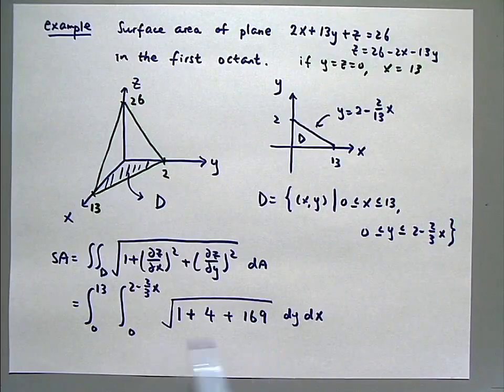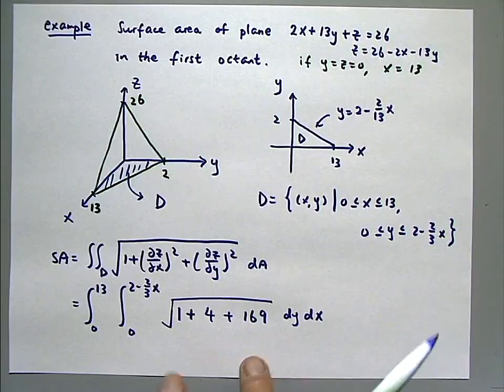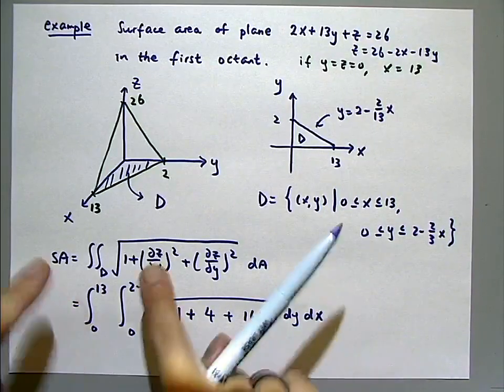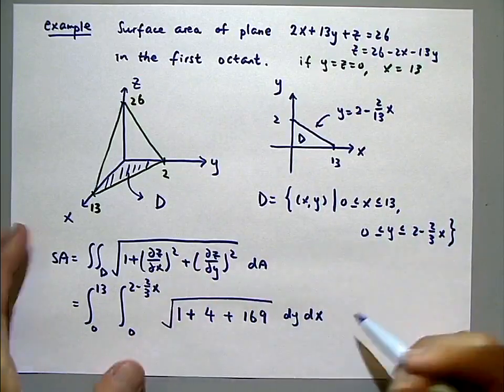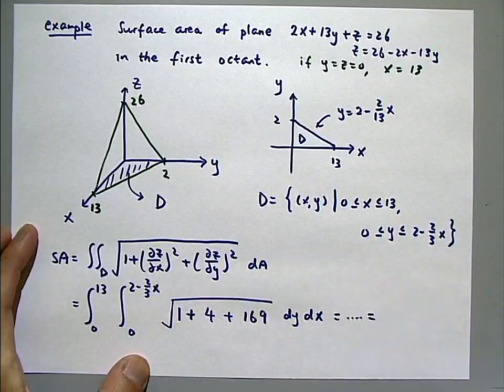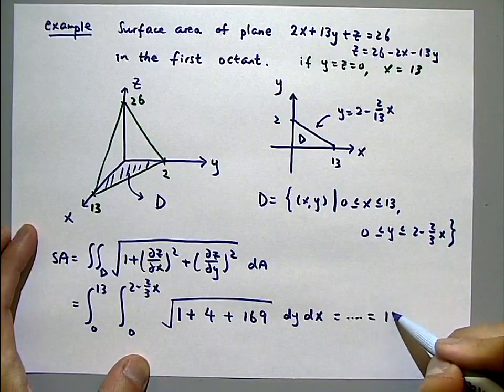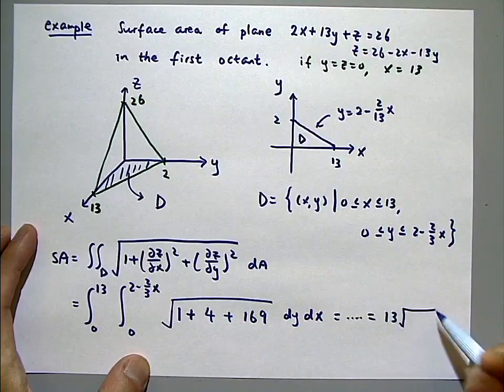Okay, so this is radical 174, and oh, that's easy. This is a constant. There's no y, no x in here. Integrate y, that's easy. So we end up getting 13 radical 174.